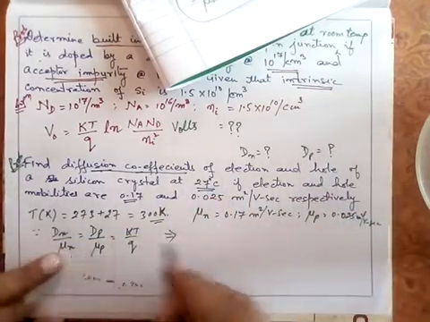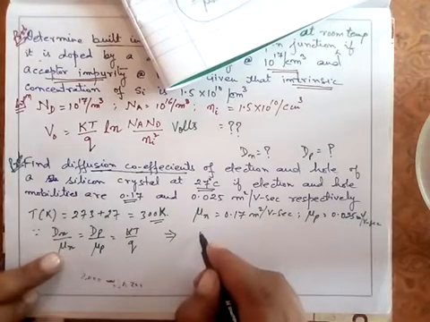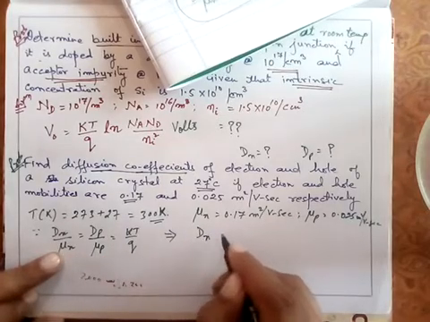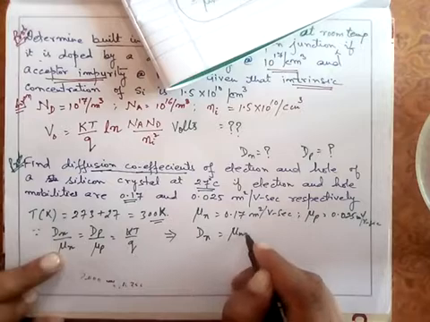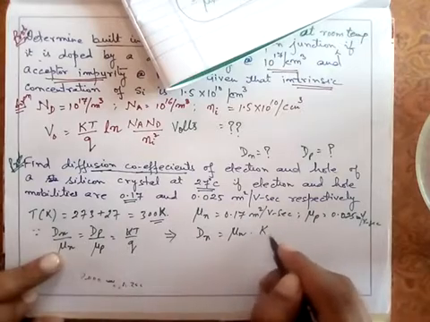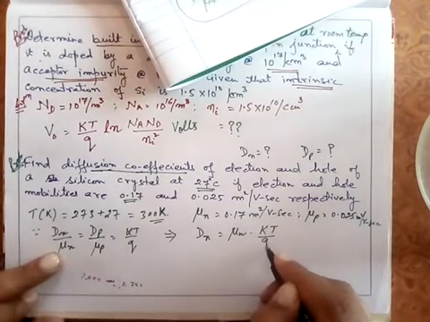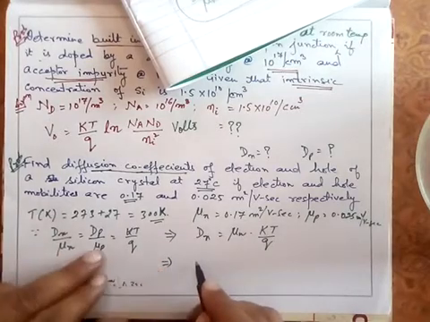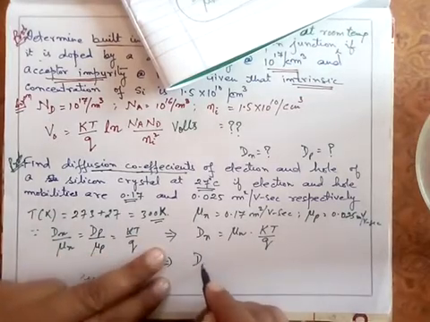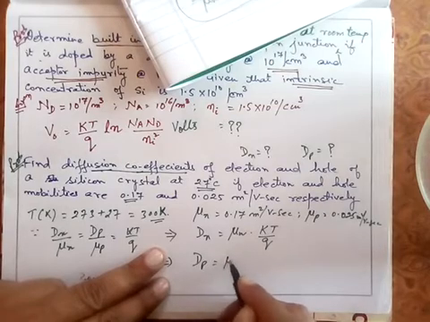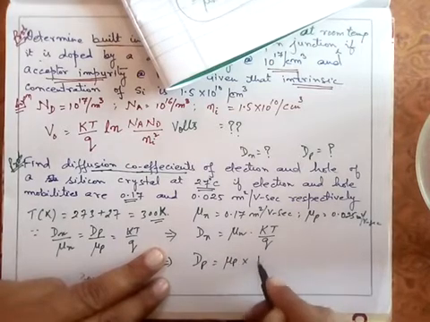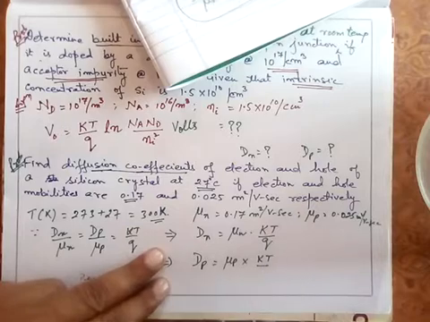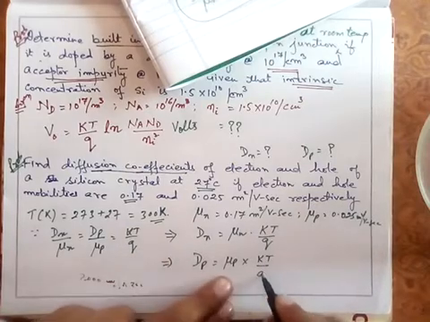So this implies that Dn is equal to mu n into kT upon q, and at the same time Dp is equal to mu p into kT upon q.